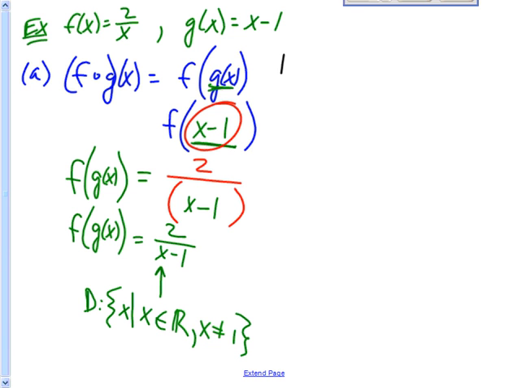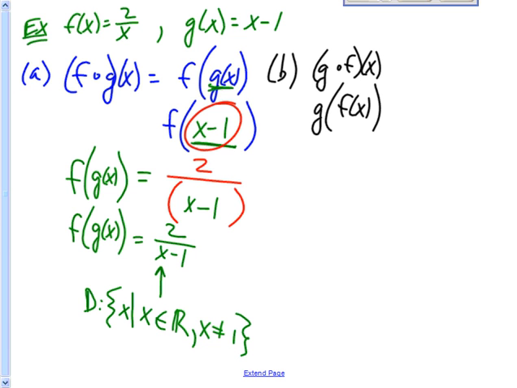Let's do, how about g of f of x? Let's go the other way around. In other words, g of f of x. There's the other notation. And I say, okay, now my input is f of x, so that 2 over x. So f of x is 2 over x. So now I'm inputting 2 over x into g. So let me write my g function.